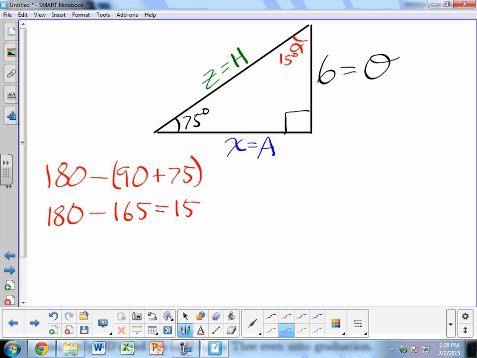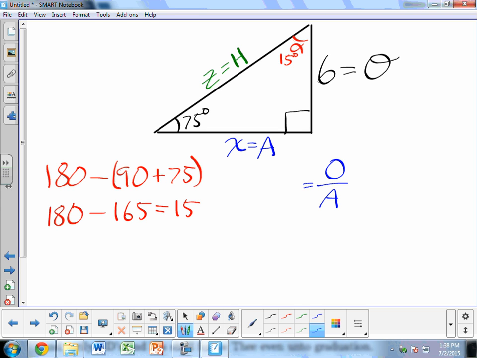Now that we have both angles, we need to think, which one's our reference angle? Well, we already labeled our sides such that z is the hypotenuse and x is the adjacent. So since x is adjacent to 75, we have to stick with that angle measure. And so this time, we'll start with x. It doesn't really matter, but we'll do that. Since we already have the opposite side, and we want to find the adjacent side, we're dealing with opposite over adjacent.